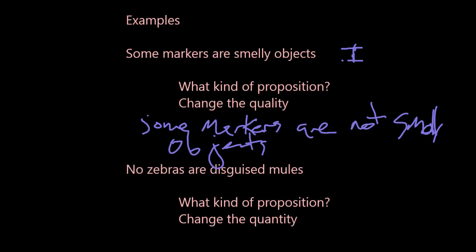So now let's look at this second categorical proposition that we have. No zebras are disguised mules. Again, we want to identify the kind of proposition, and then we want to change the quantity, but keep the quality the same.